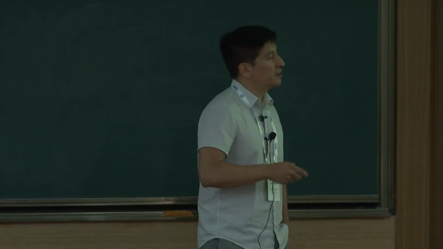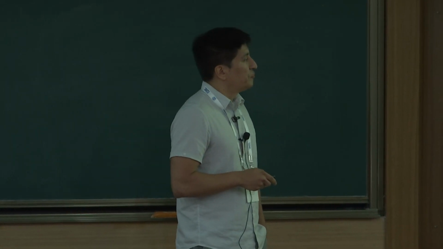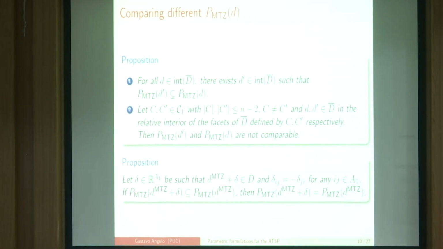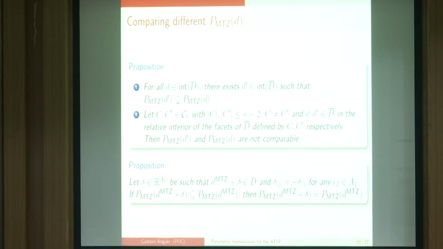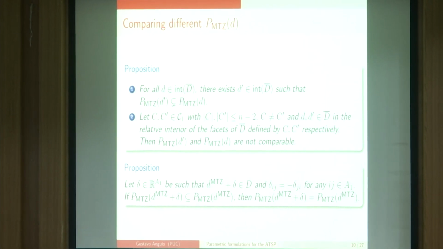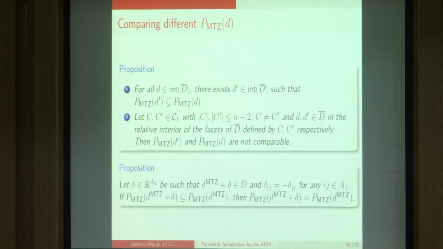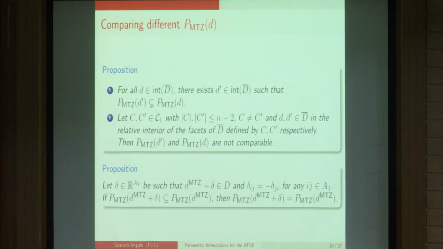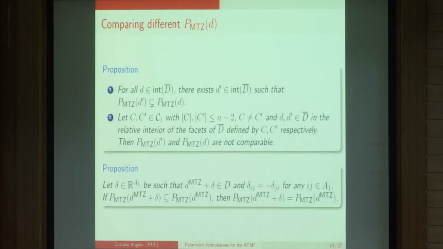Actually, we have something quite interesting here. So D MTZ is the set of parameters that define the classical Miller-Tucker-Zemlin formulation. Okay, so if we take that particular choice of D and we perturb the vector with an antisymmetric vector, and we try to get a new formulation that is contained in the original classical formulation, then actually we cannot.